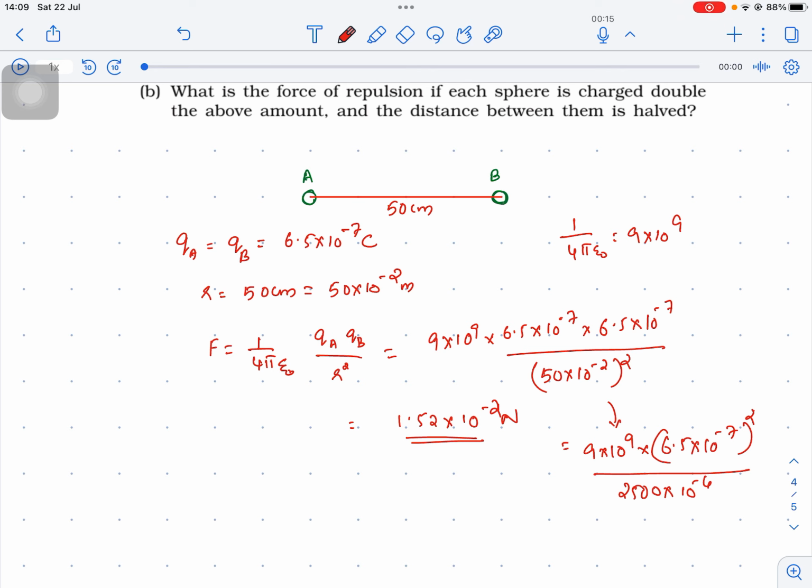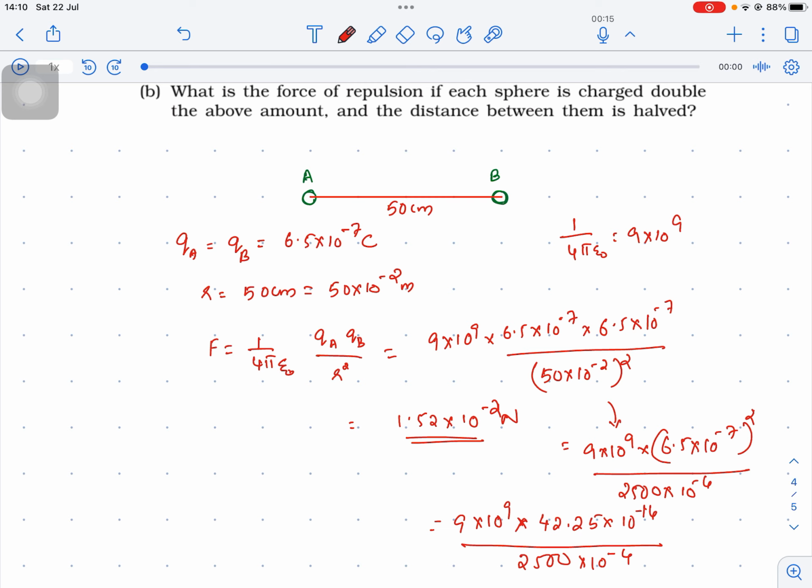So when you do this, you will get 9 into 10 to the power 9, 65 into 65 is 4225. So 6.5 means 42.25. Square of 6.5 is 42.25, 10 to the power minus 14 by 2500 10 to the power minus 4.